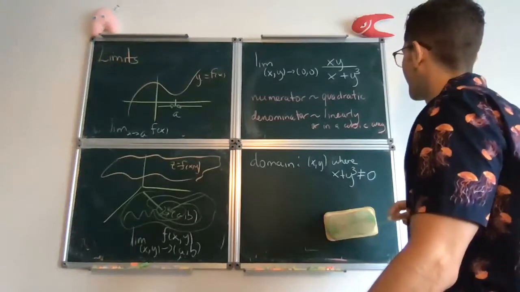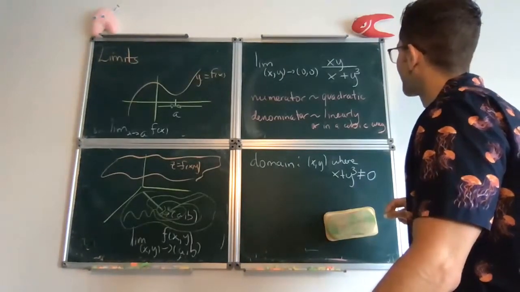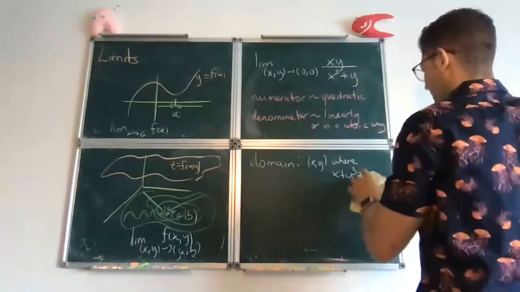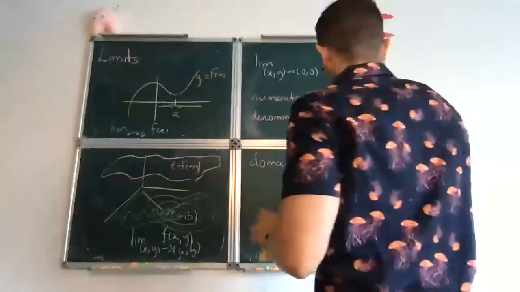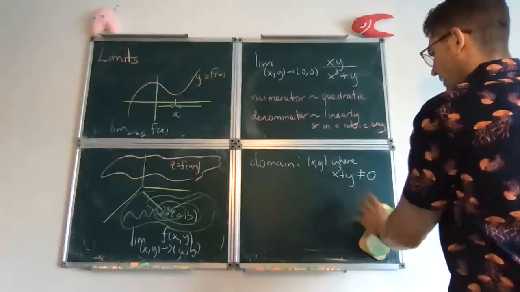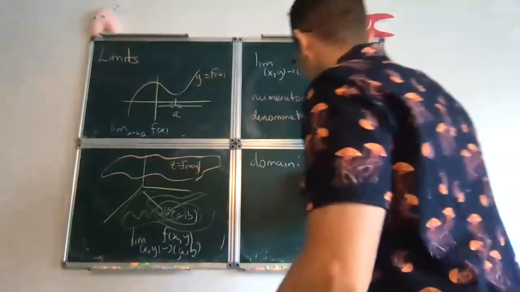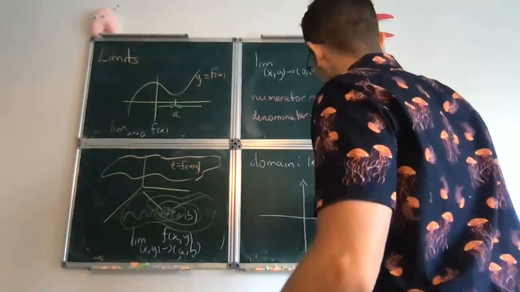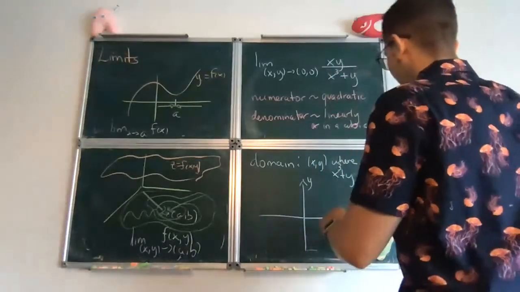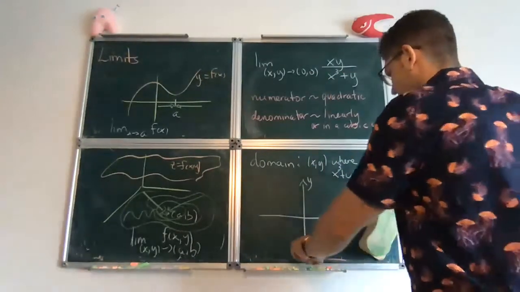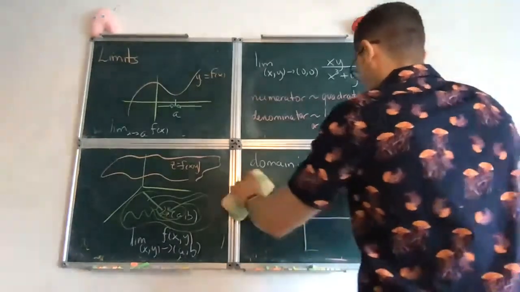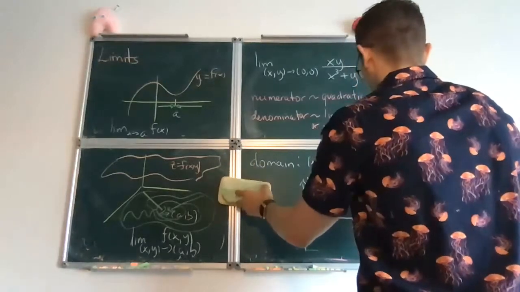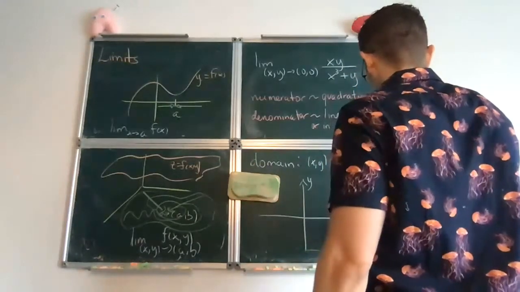Let me use basically the same expression, but maybe easier to understand. As I mentioned before, how would you plot the domain of a function? You first plot the equality. The equality here would be x cubed plus y equals 0, which is the same as y equals minus x cubed.